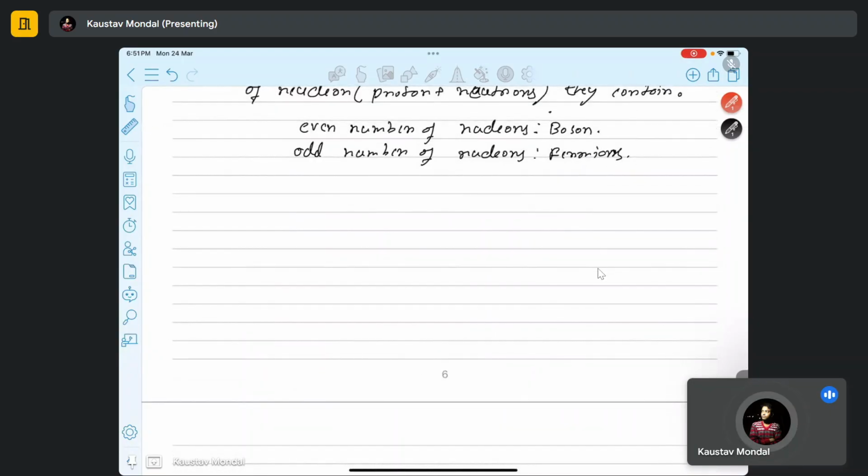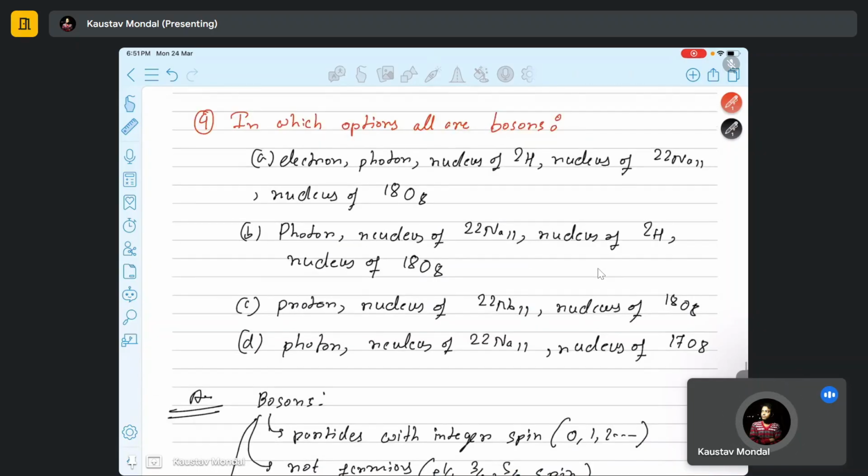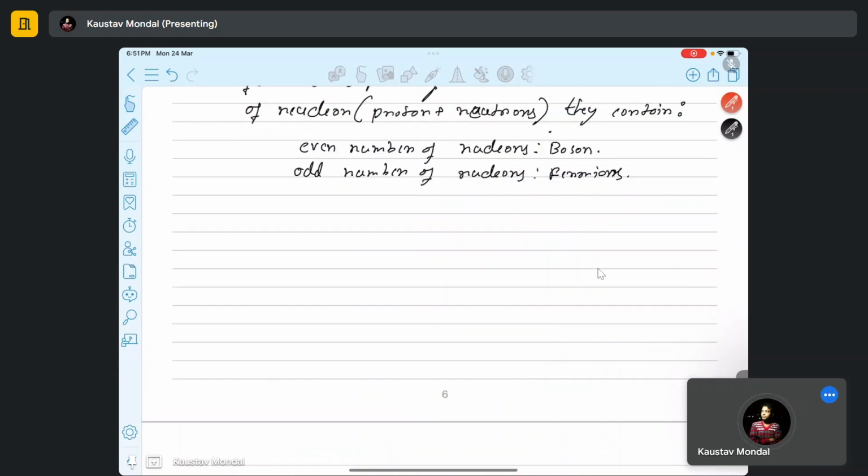Now analyzing the nuclei. Let's take all the things. For fundamental particles like photon, electron, proton, the options also have photon, proton, electrons.